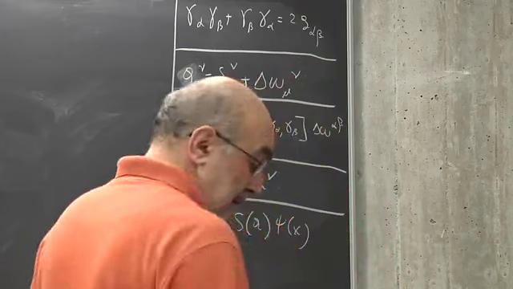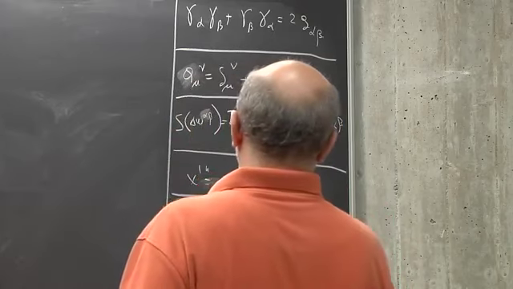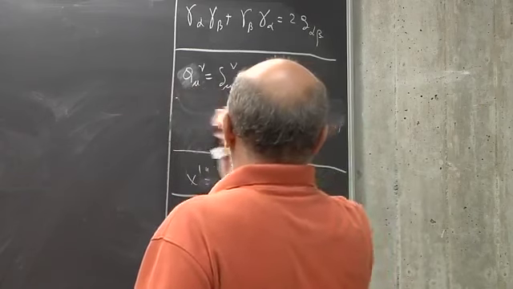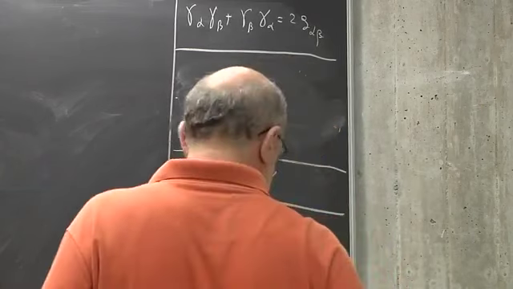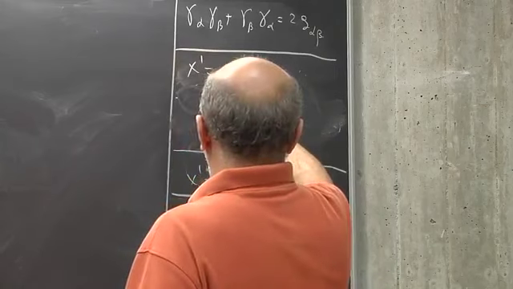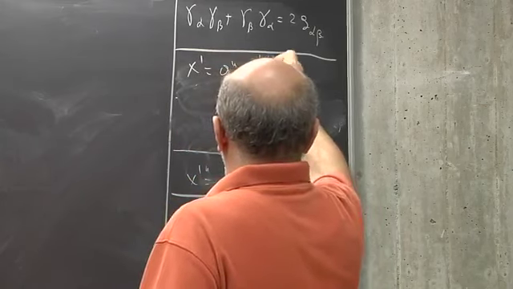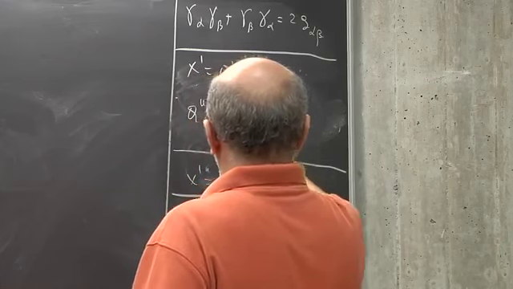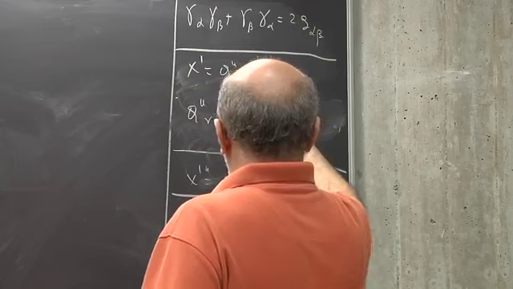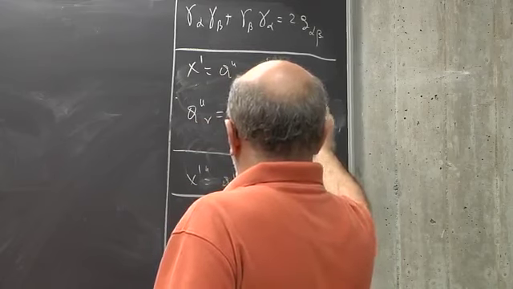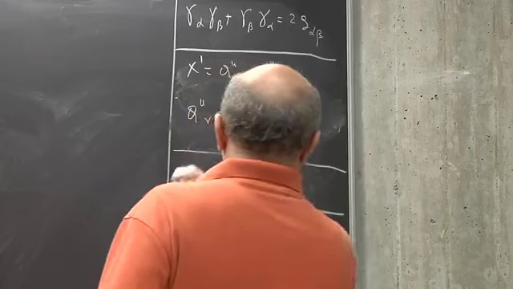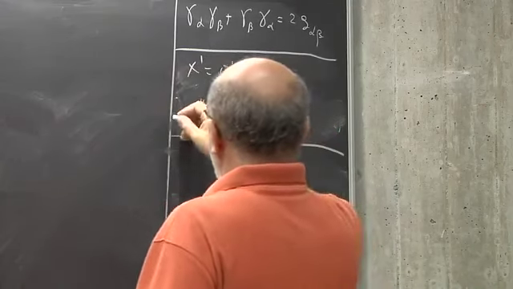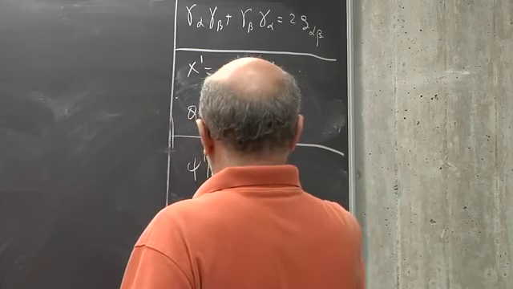Let me write in a more coherent manner. Let me write here x prime is equal to A mu nu x nu, and the infinitesimal transformation we write as delta mu nu plus delta omega mu nu. And then we have, so this is the space-time transformation. The Hilbert space transformation is this.